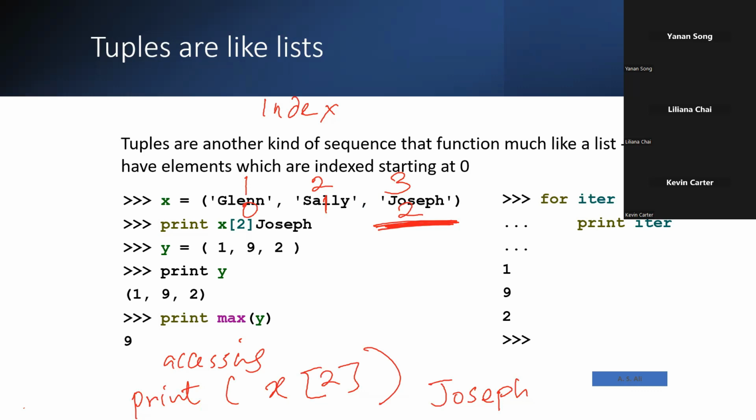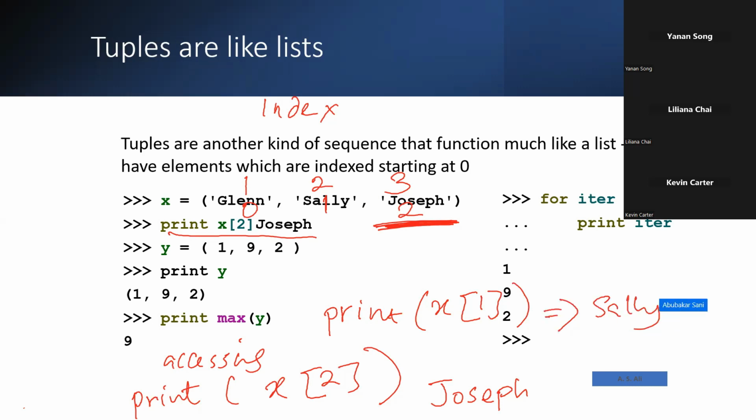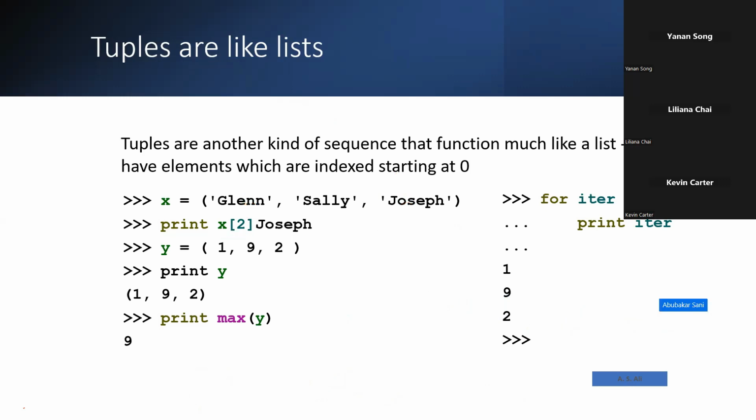That's why you see here, print X[2] gives Joseph. If I want to print out Sally, I can just say print, then put X, and what index is the second item? Index 1. And this will print Sally. So this is how you access a tuple.